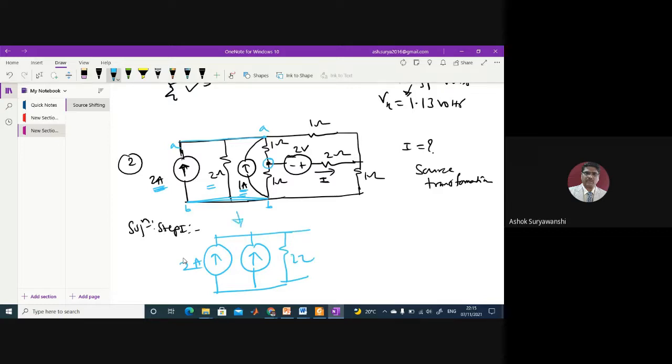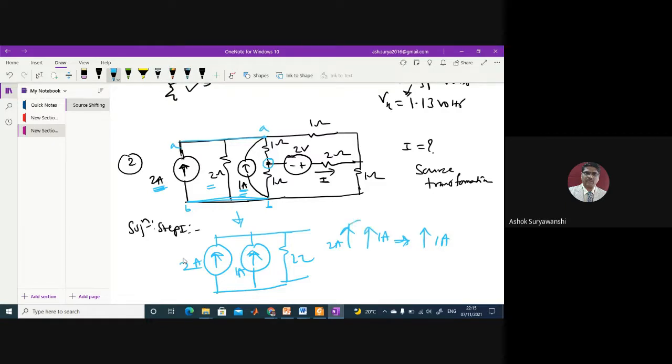So what will be its value? They are flowing in the same direction. If this was 2 ampere and the second one was 1 ampere flowing in the downward direction, then the addition would have been 1 ampere, 2 minus 1. But this is not flowing in the downward direction, it is flowing in the upward direction.